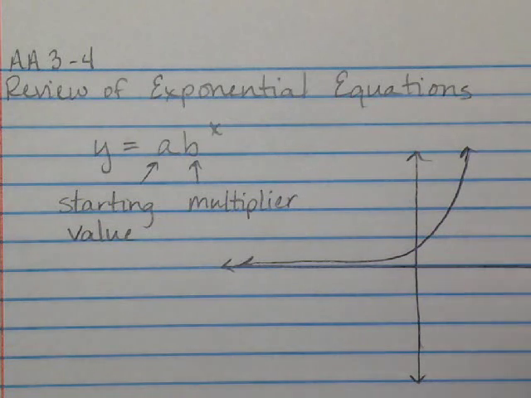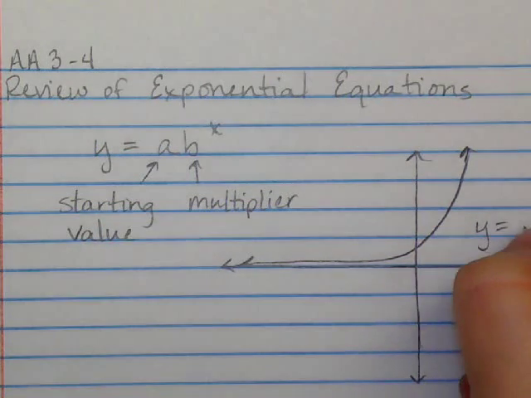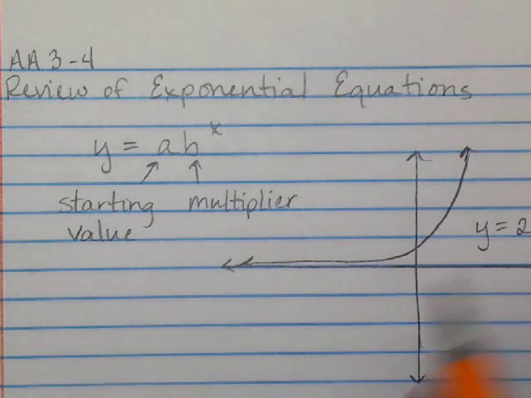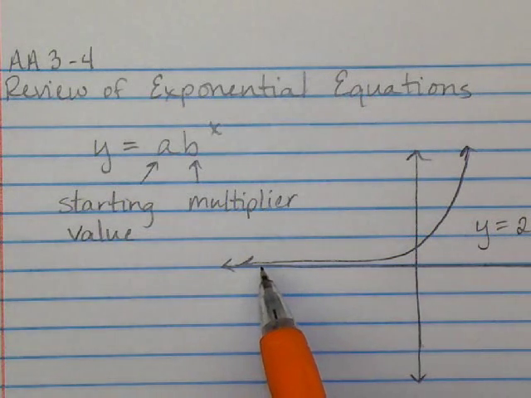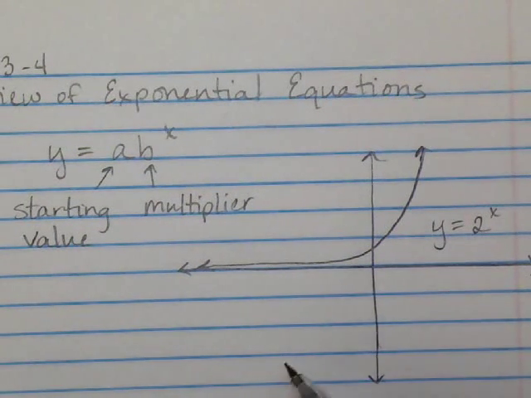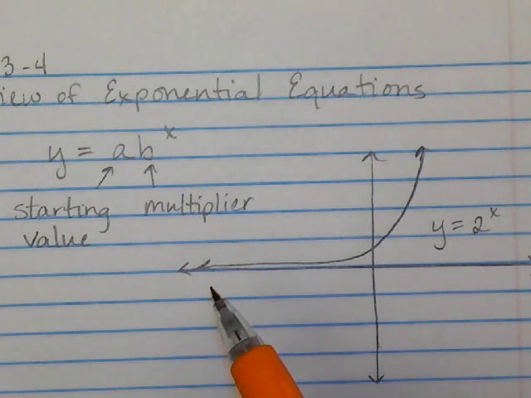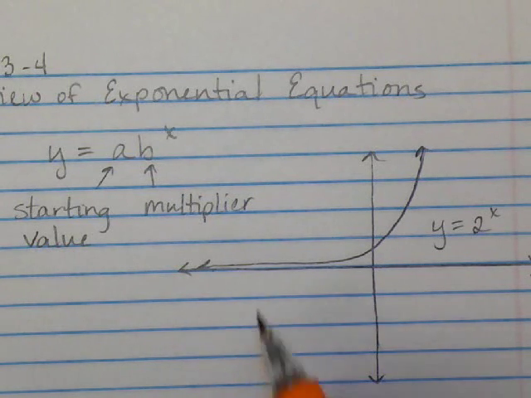So this graph would have been of, say, y equals 2 to the x. If I have 2 to the negative 10, that is going to be 1 over 2 to the 10th, which is a very large number for the denominator, which makes it a very, very small fraction.